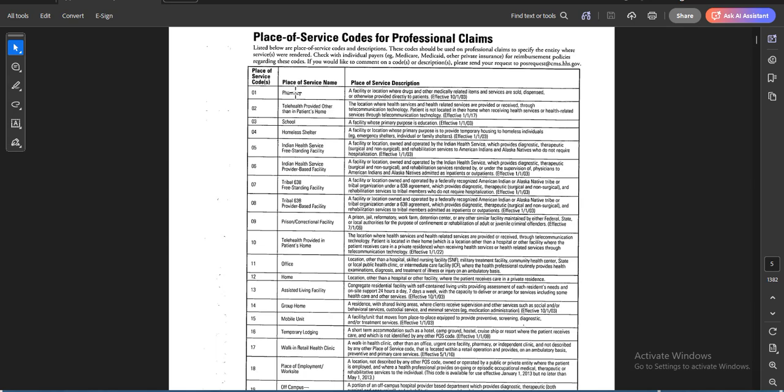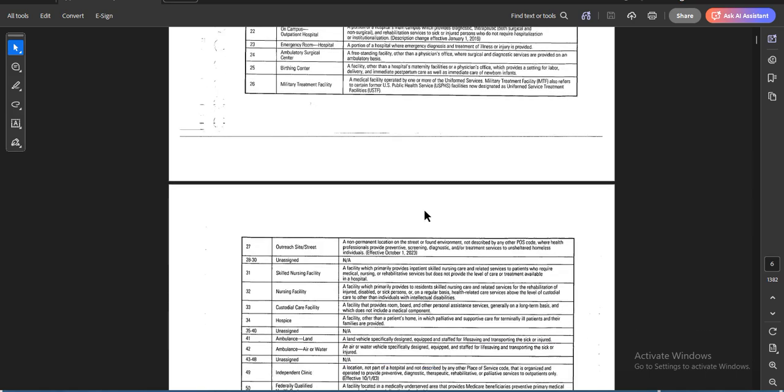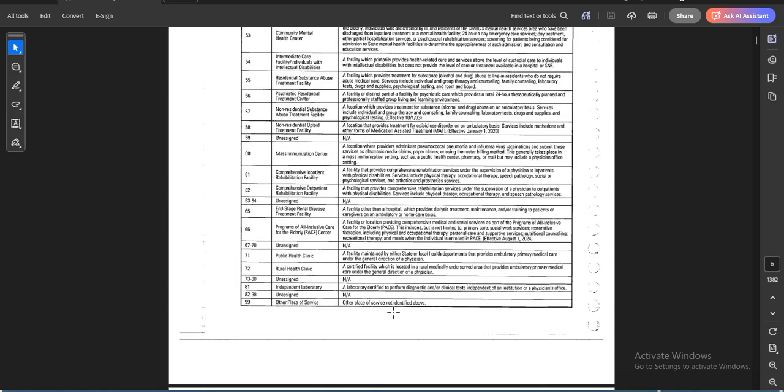It starts from place of service code 01 and ends with 99, other place of service. But among these, not all are necessary for us. We need only 10 to 15 POS codes that are very important in live coding.